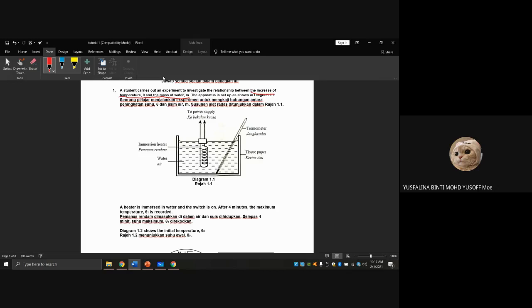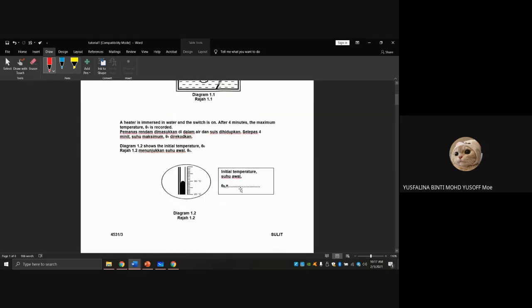A heater is immersed in water and the switch is on. After 4 minutes, the maximum temperature theta 1 is recorded. Diagram 1.2 shows the initial temperature theta 0, which is the temperature of water before you heat the water.